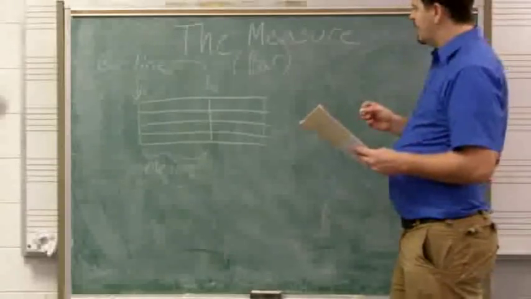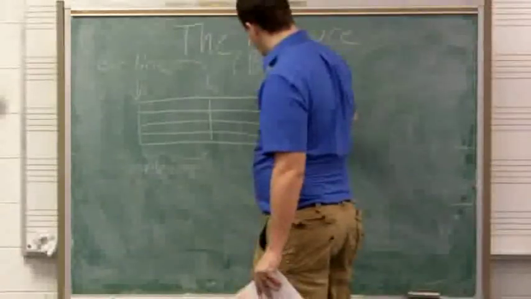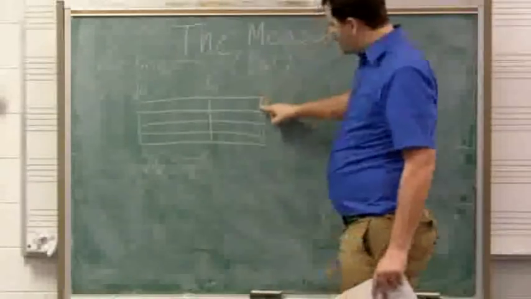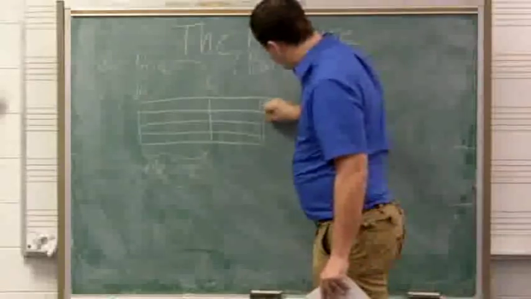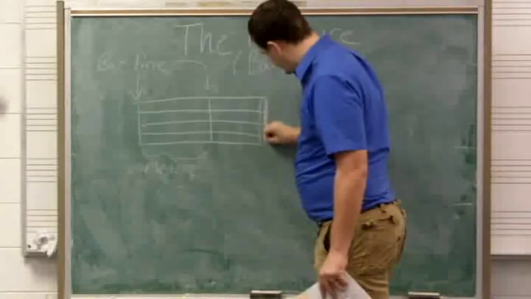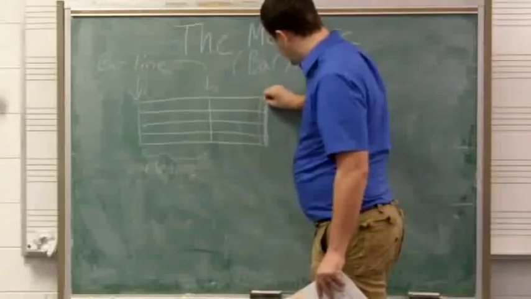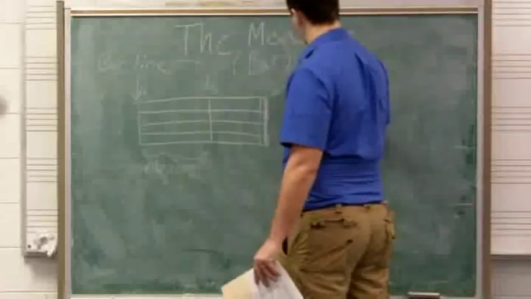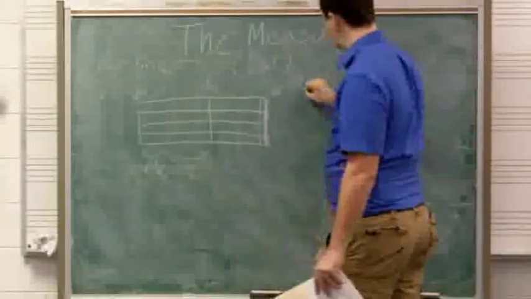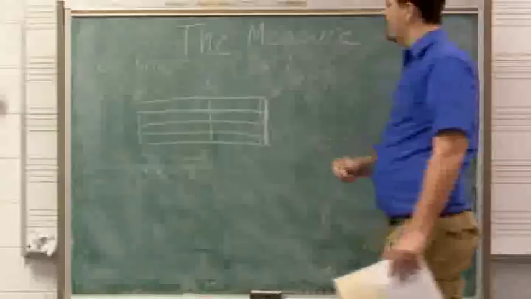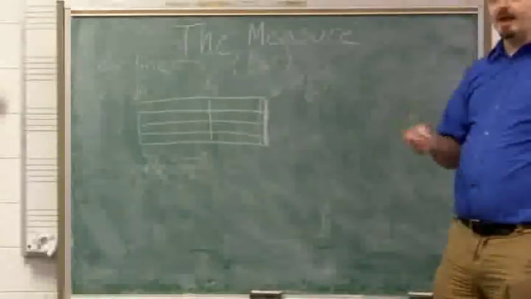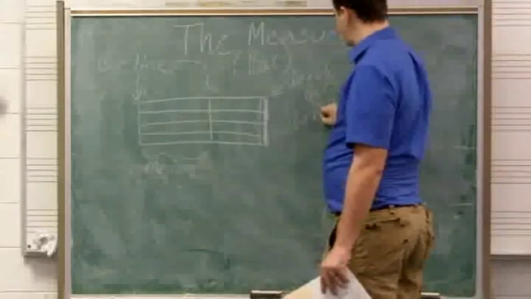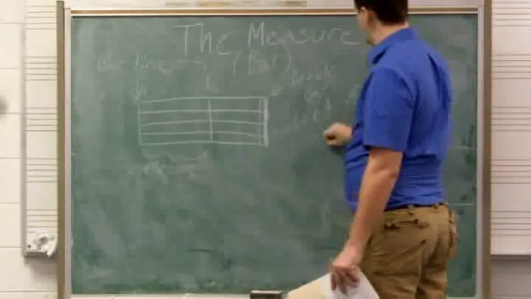And if you see something like this, like a bar line, but with a thicker bar line right behind it, we call this a double bar. A double bar means you have come to the end of a piece of music, and I'll just write end of music.